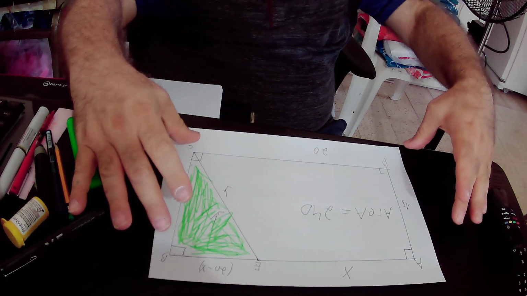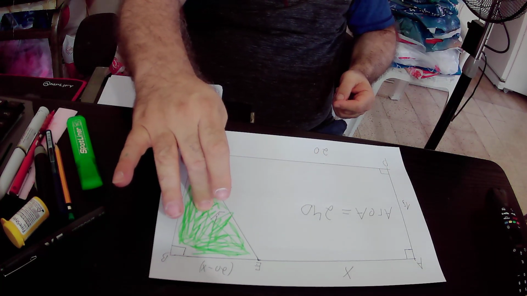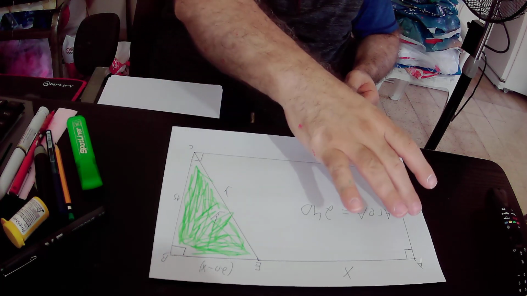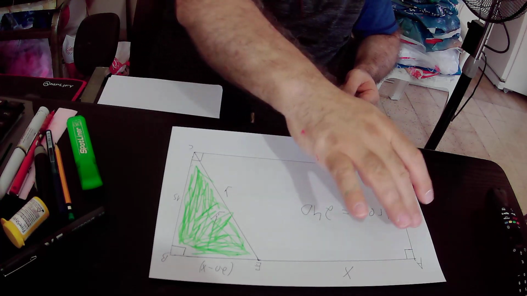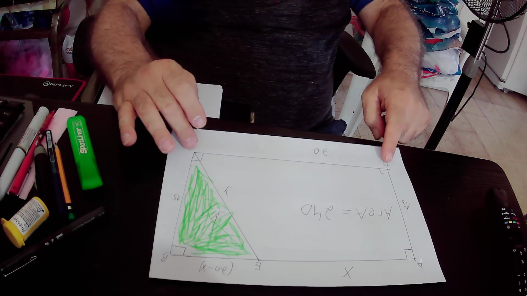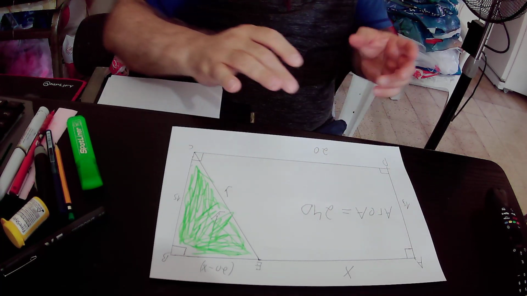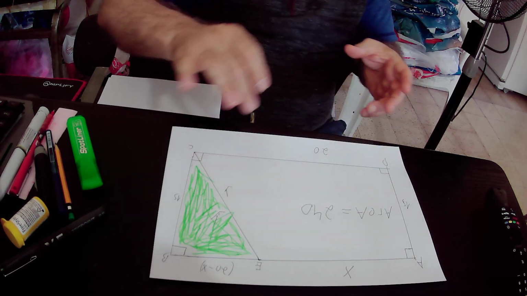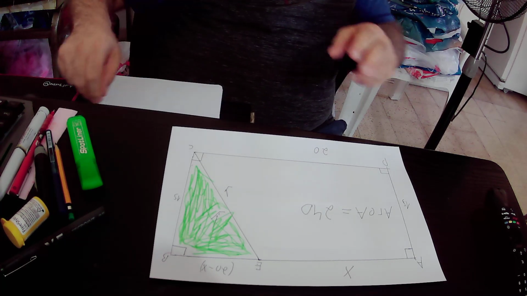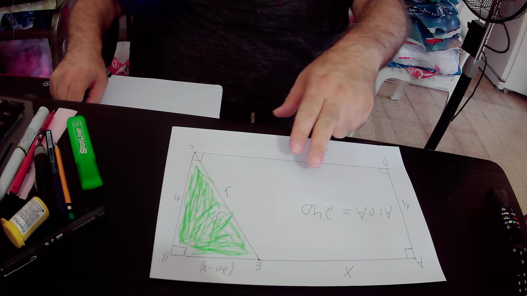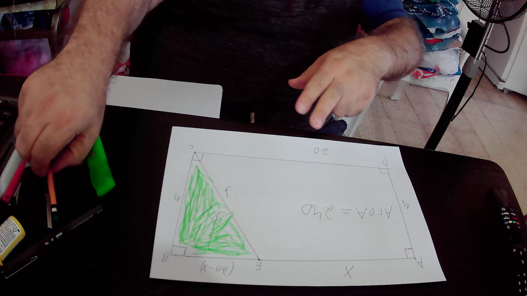The area of the rectangle is its length times its width, and its length is 20 units and its width is 15 units. So the area of the rectangle ABCD equals 300 units squared, and the area of the white shape is given to us. It equals 240 units squared.